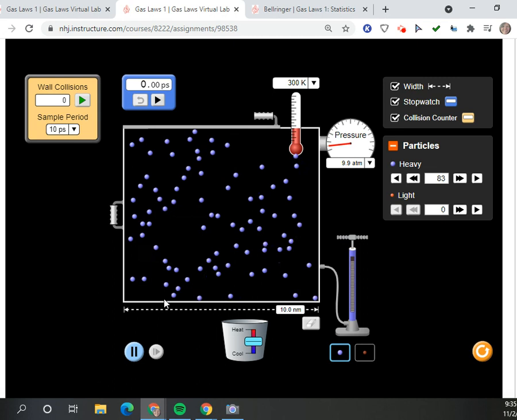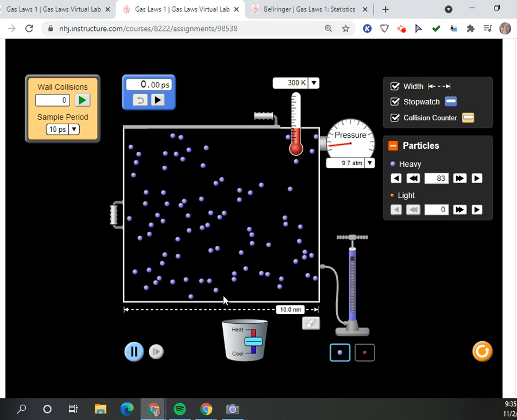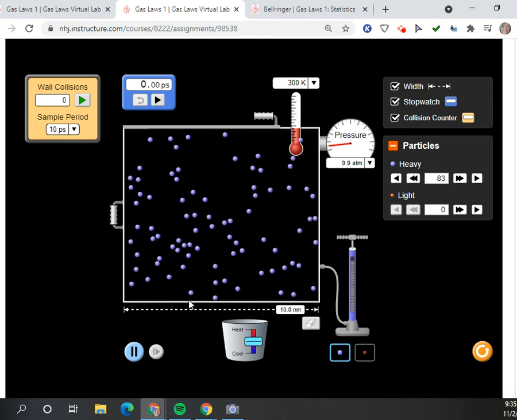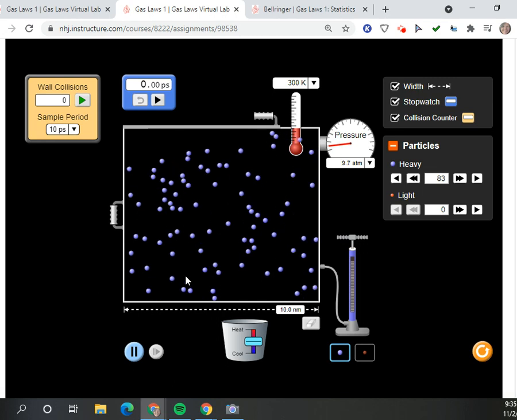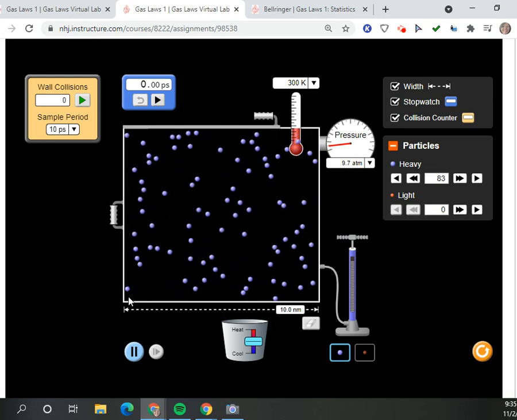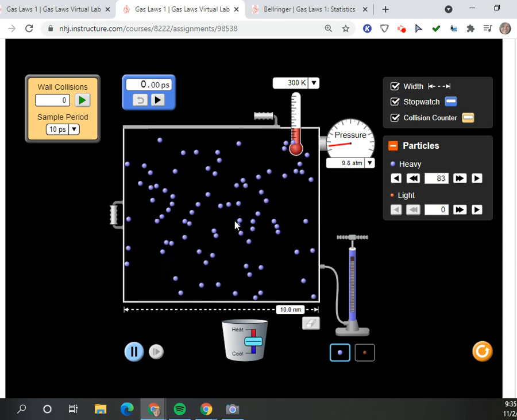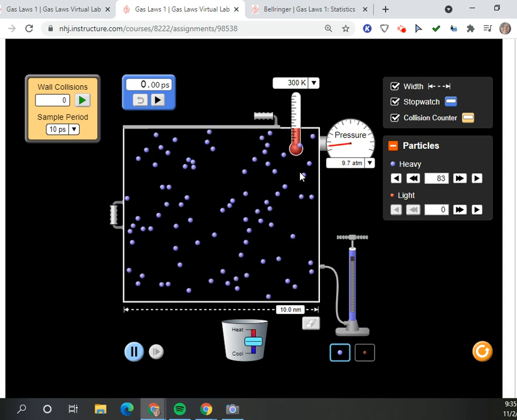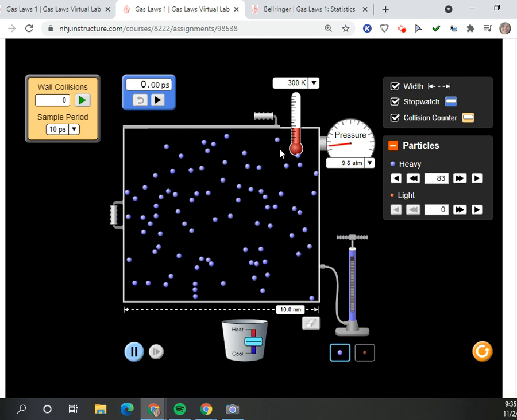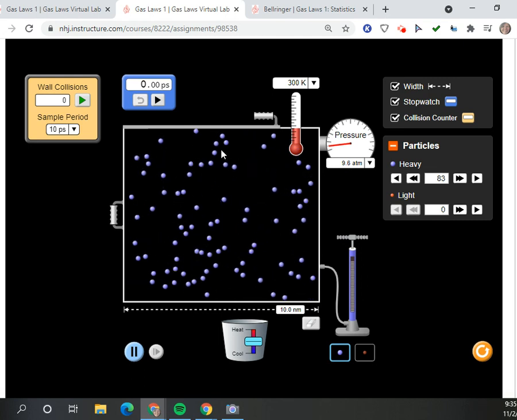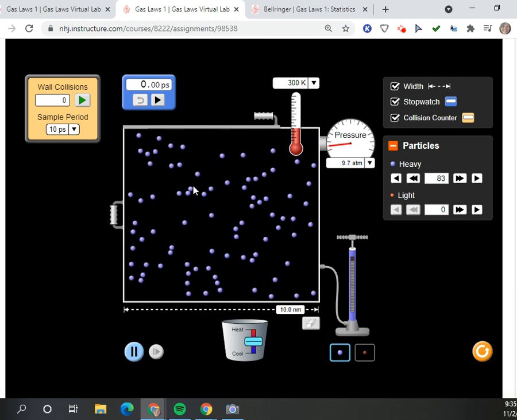What we might notice is, let's follow 1. Notice it goes in a straight line until it hits something else. That's an important observation to make. So if we follow 1 atom, it's going to go in a straight line until it hits something else. There, it hit something.